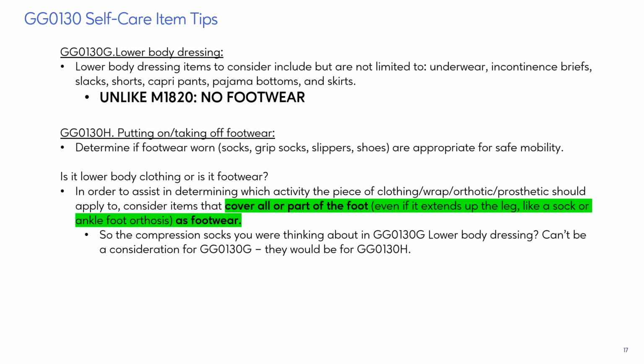So when you're looking at, can someone put their Ted hose on, their compression socks, that's not lower body dressing for GG. That is your GG0130H footwear item. Yes, your Ted hose is your lower body dressing for the M1820, but it is not lower body dressing for GG0130G. So again, covers all or part of the foot, even if it extends up the leg, that is footwear.